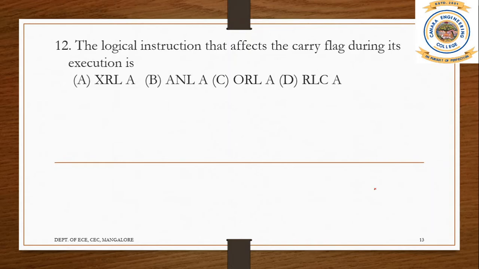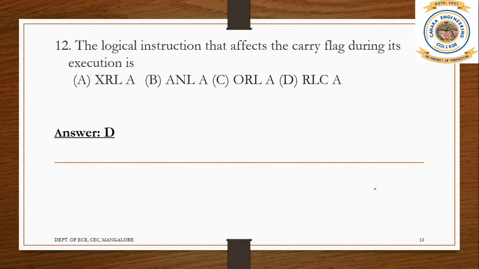You have XRL A, which is the XOR logic operation, ANL A, which is the AND logic operation, then ORL, which is the OR logic operation, then RLC, which is rotate left through carry.